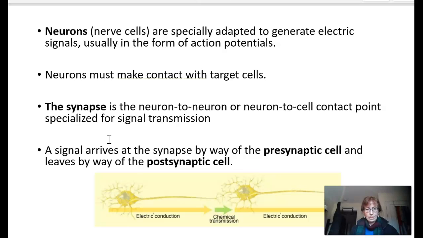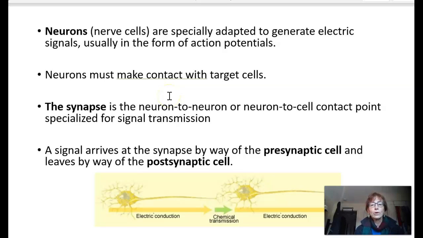We know that neurons are specialists in the conduction of electric signals, and that in order for a neuron to operate, it has to have some point of connection at the end, because neurons only do very short distance signaling.